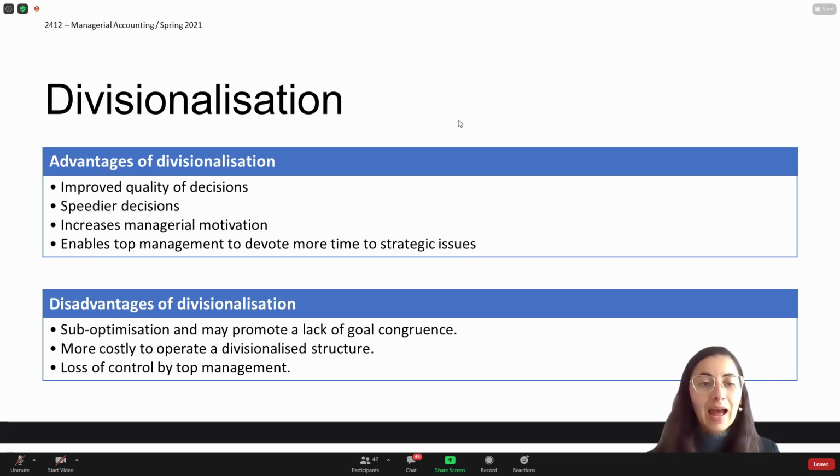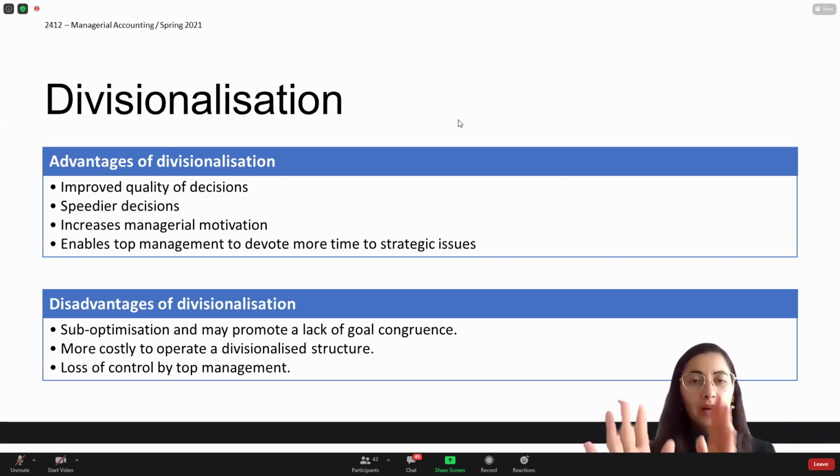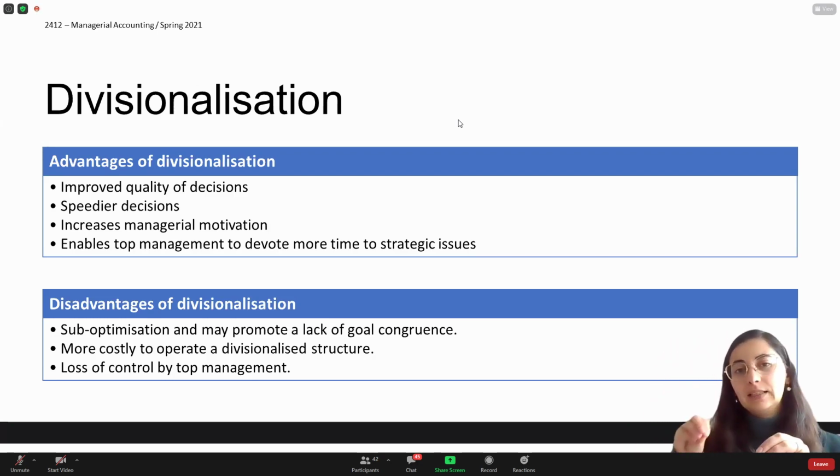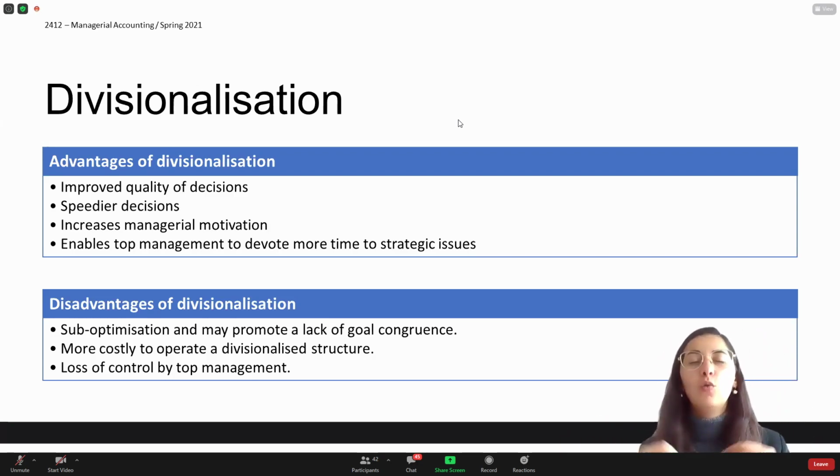We might have a question of goal congruence, because if we have various managers taking decisions by themselves, and there's not a clear strategy in which every manager knows where the organization as a whole should go, they might not be taking decisions that are consistent with the strategy of the whole organization.